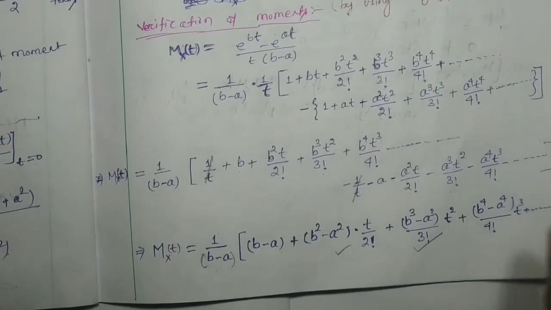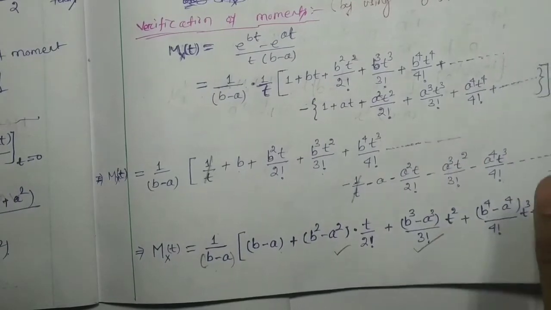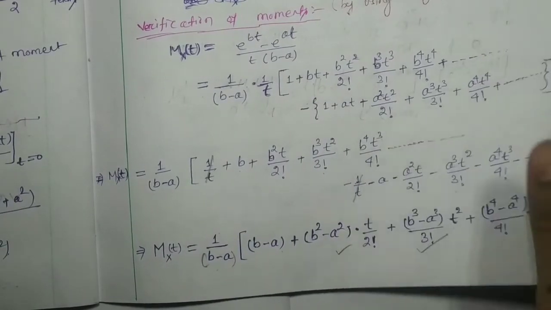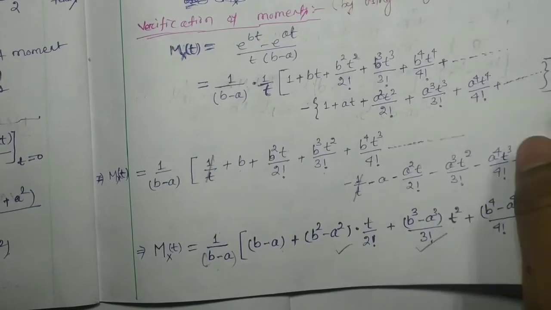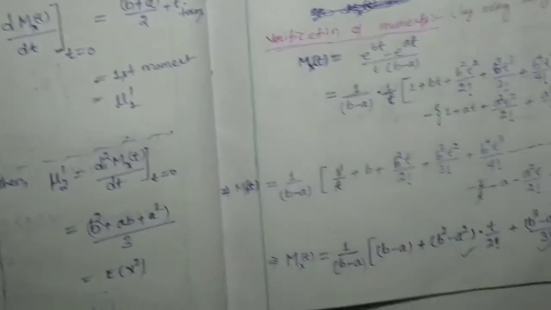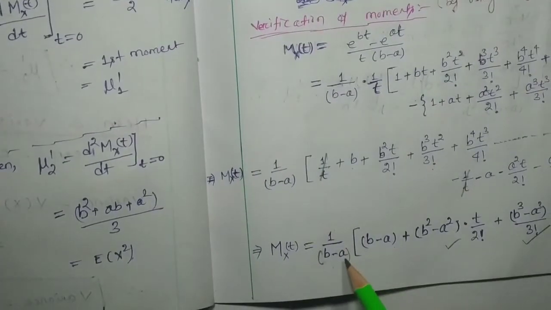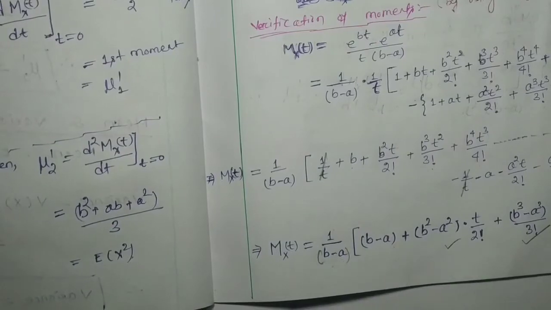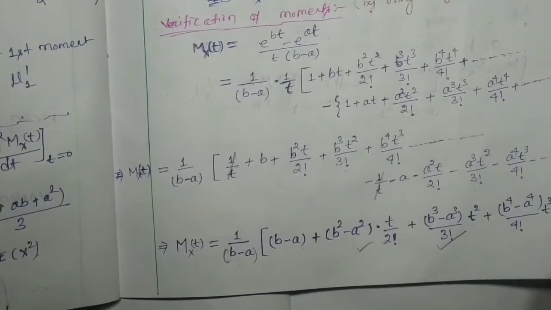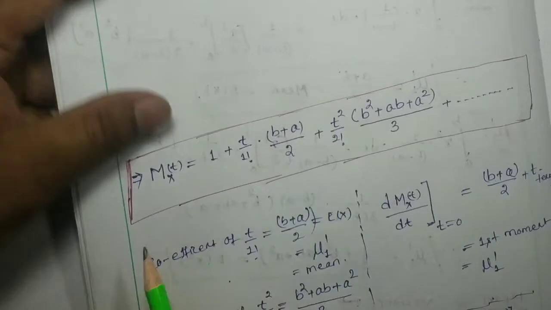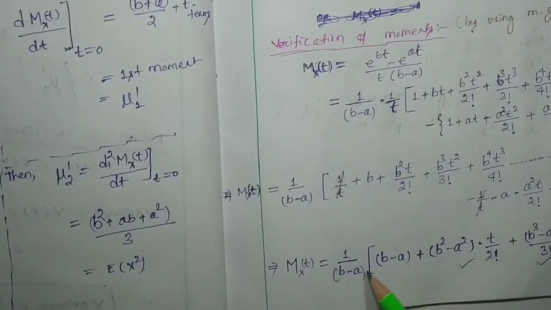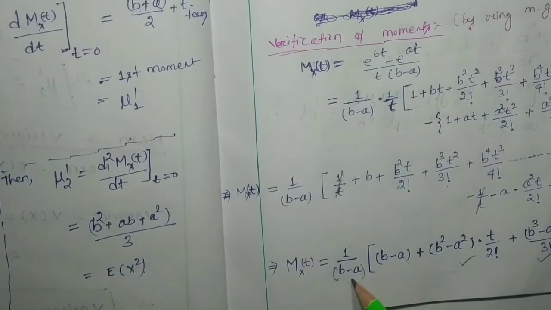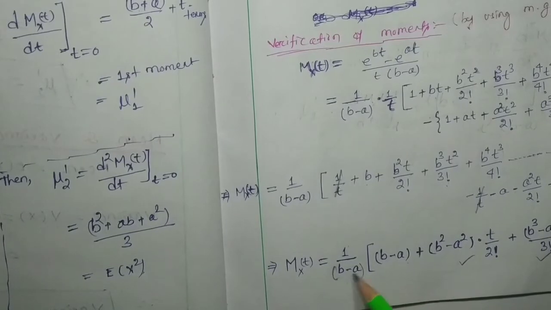Because we are trying to find out only the first and second moment, I have not considered the higher order terms. So here 1 by b minus a, I am going to divide with each term, right? What am I going to get? See, whenever b minus a is going to divide this term, it will be 1.